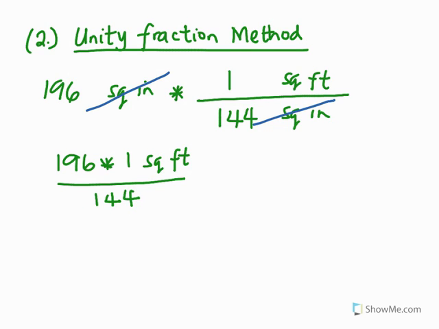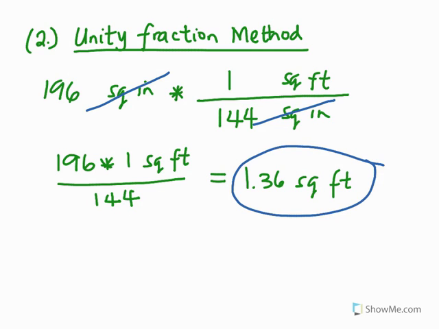And when you divide and round your answer to 3 significant digits, you have 1.36 square feet. And that becomes your answer. So that is the technique there. So let's do some more problems.